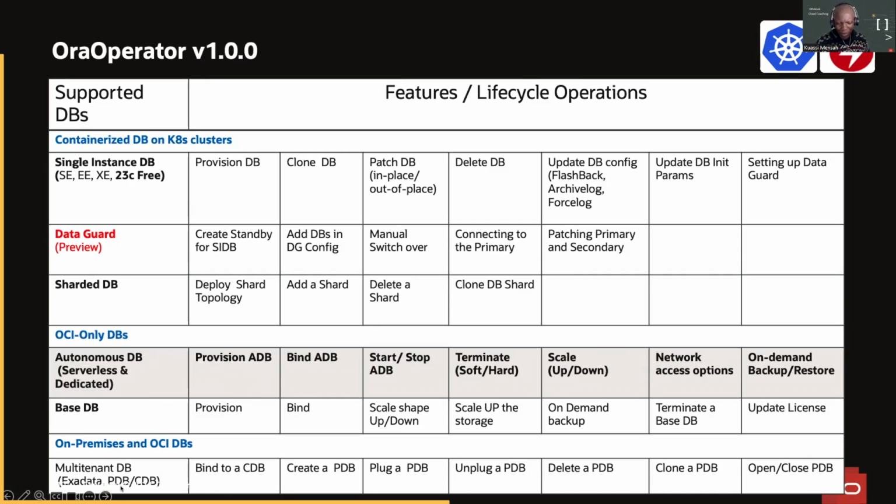And on premises, we support bind to CDB, create PDB, plug PDB, and so on. So you get the picture, right? All the lifecycle of a pluggable database is supported. So that's in a nutshell the Oracle database operator for Kubernetes and the kind of databases and lifecycle operations we support.